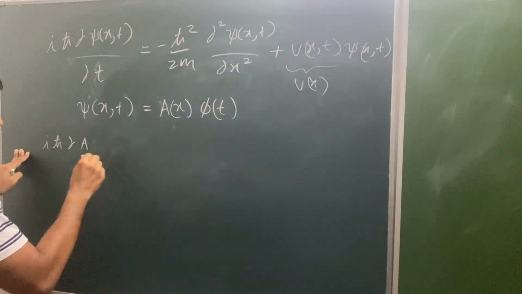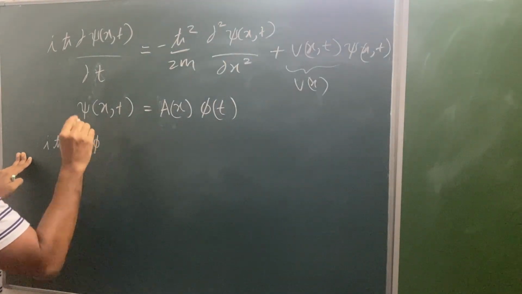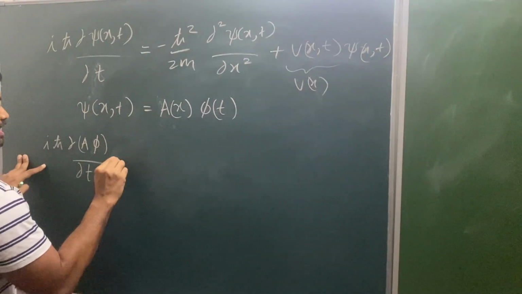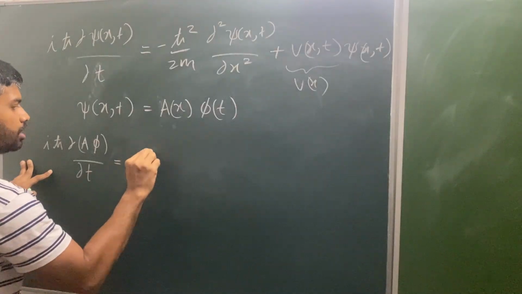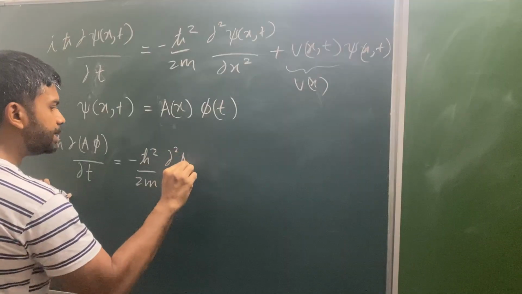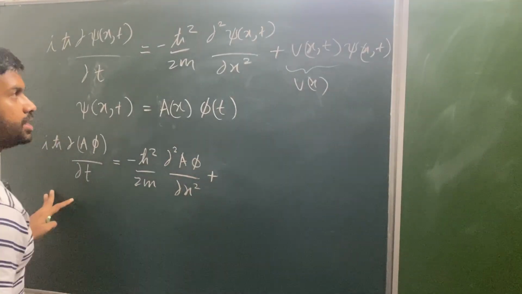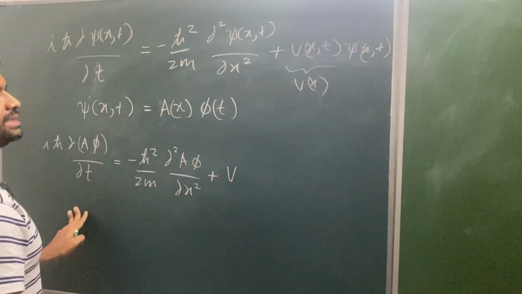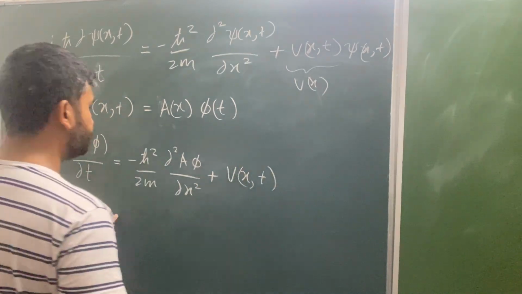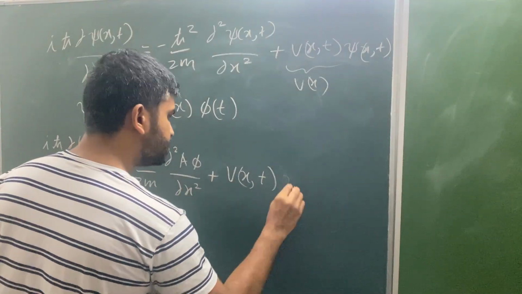You are smart enough to understand that I'm not going to write a(x) and phi(t), but instead I'm going to leave them like this: a phi over ∂t is equal to minus h bar over 2m, and here ∂ squared a phi over ∂x squared, plus here we have V, and still it's a function of both x and t, and here we have now a phi.